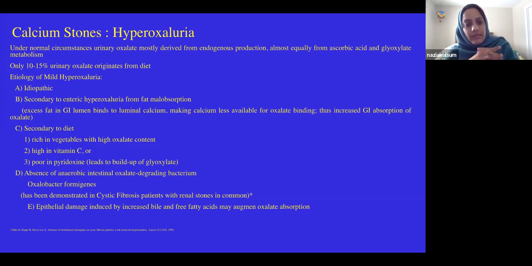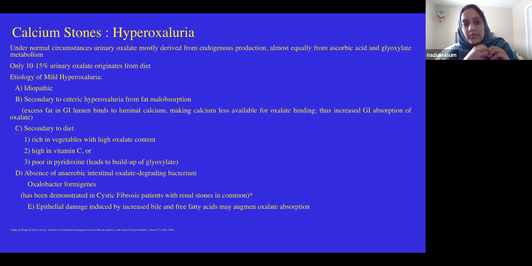Other conditions could be because of absence of anaerobic intestinal oxalate degrading bacteria. Oxalobacter is a normal commensal in your GI tract that helps break down the oxalate. In certain kids with small bowel obstruction or even GI problems where they have bacterial overgrowth, the oxalobacter content may be much lower, especially cystic fibrosis patients.